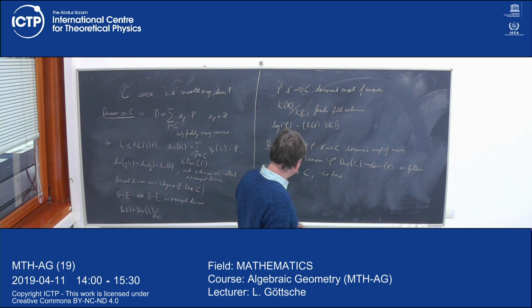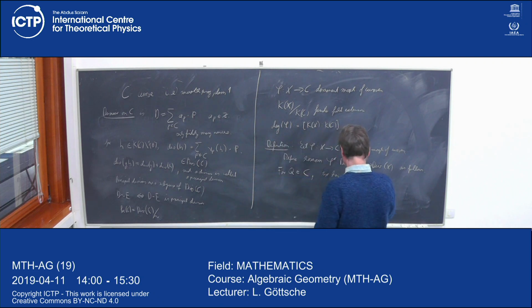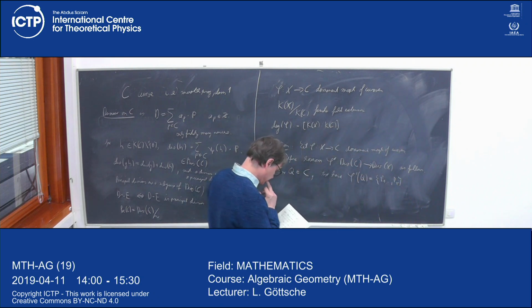obviously the fiber over this point must be finite, otherwise everything would be mapped to this point. So we have that phi to the minus 1 of Q is some finite set, P_1 to P_R.